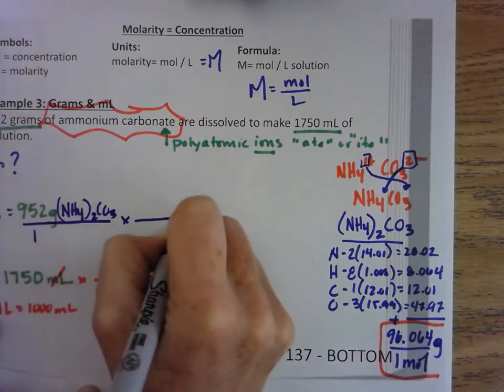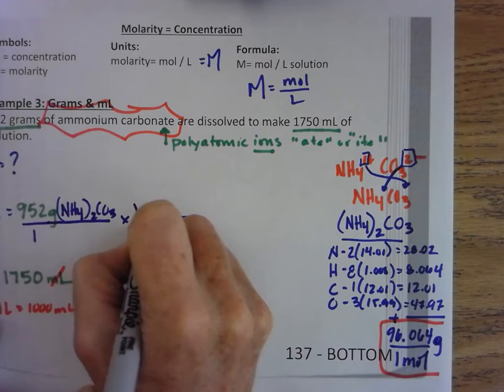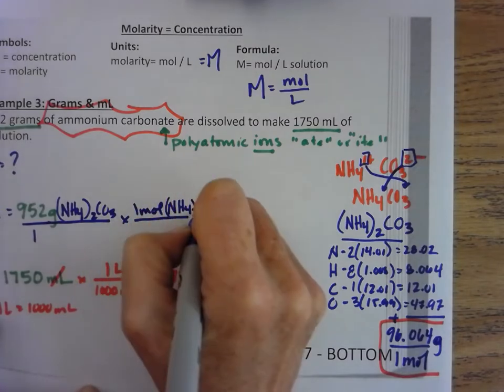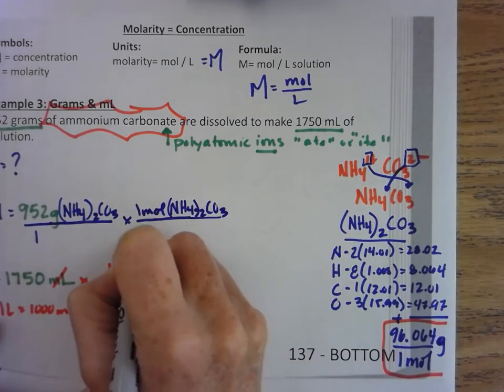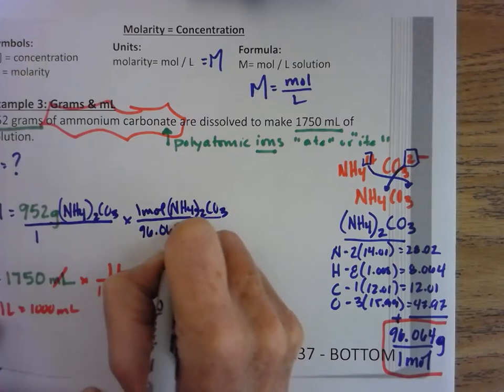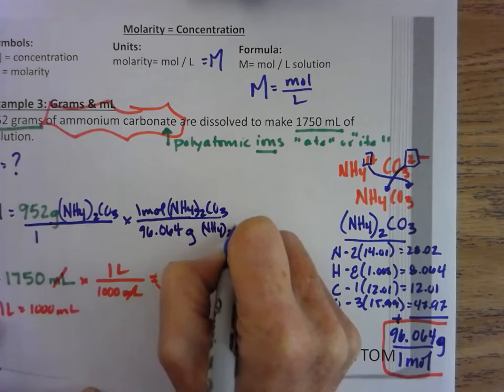And I'm going to multiply this by 1 mole (NH4)2CO3, it's a long one, 96.09 grams (NH4)2CO3. I know it's a mess.